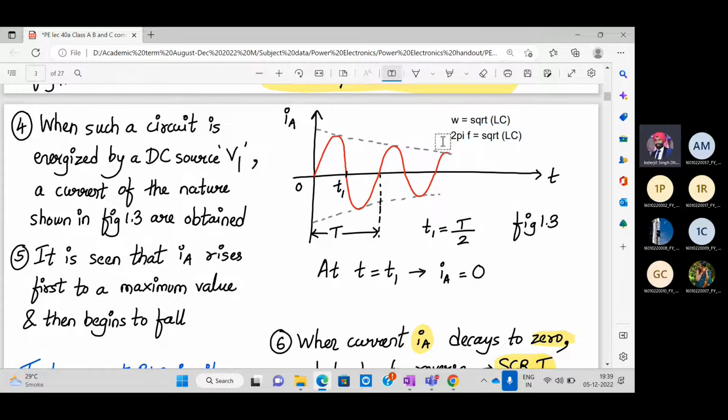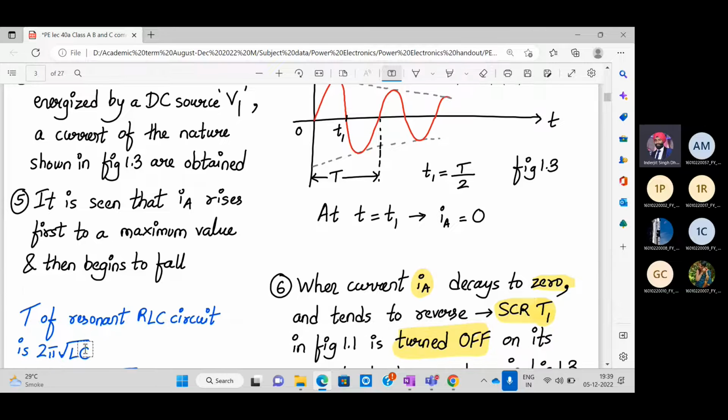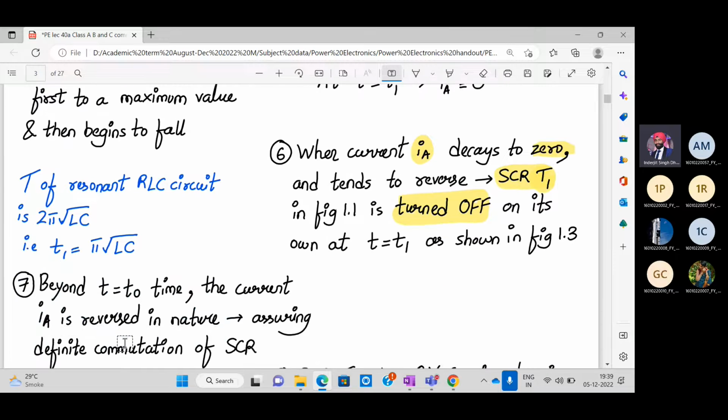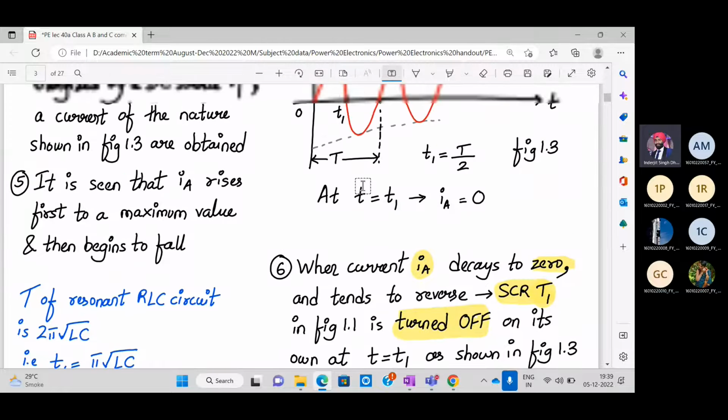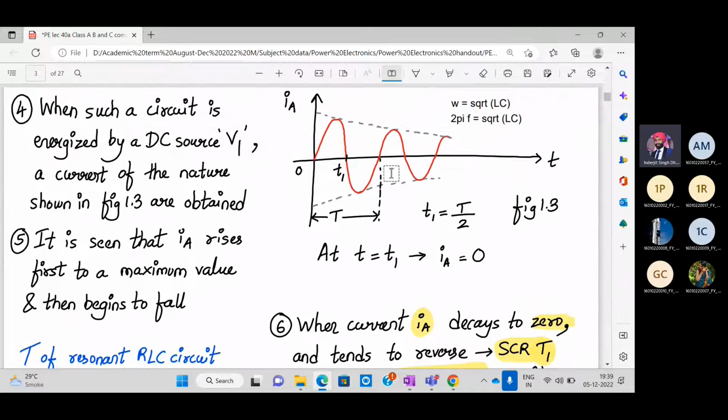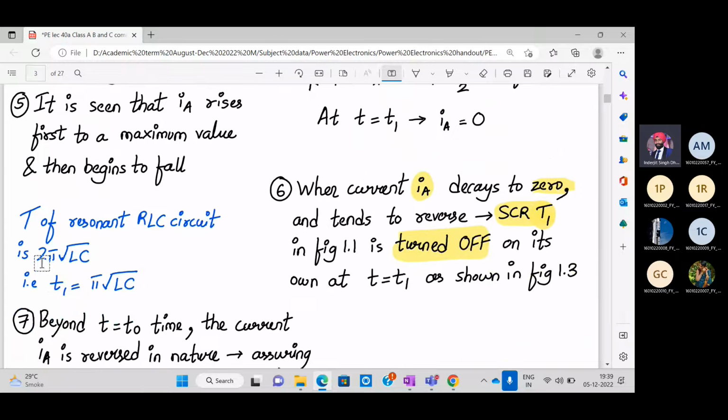F will be 1 upon 2 pi square root of LC. Now we can write it as T. What is T written by? T is 1 upon F, right? Yes or no? So T we can write as 2 pi into square root of LC. So the time period of the resonant RLC circuit is 2 pi square root of LC. And T1 is T by 2. So if T is 2 pi square root of LC, T1 will be pi root LC. Is this point clear to you?